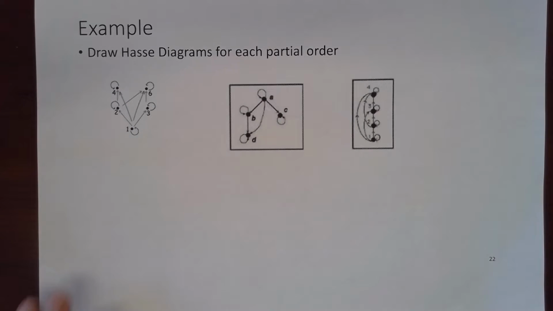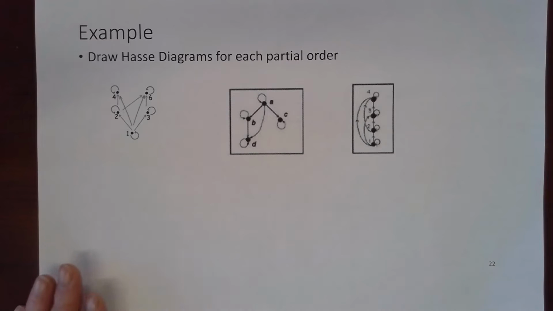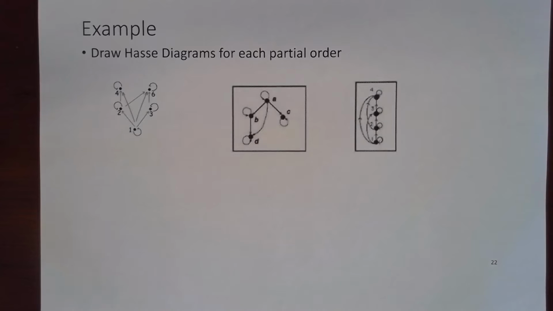And we also looked at Hasse diagrams that represent these, and they're essentially the same information that's in a directed graph, except that we try to minimize the information so that the number of edges doesn't get overwhelming, and it's a lot easier to look at the Hasse diagrams and get an idea of what the relationship is.